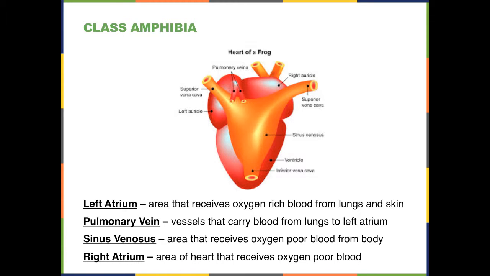The pulmonary veins, though they're called veins because they carry blood into the heart, have oxygenated blood. The sinus venosus receives oxygen-poor blood from the body and pumps it into the right atrium. And then that is then pumped into the ventricle as well.